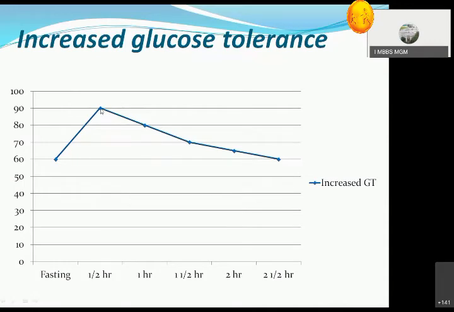Then at half hour there is a peak up to 150, that is below 180. It is also below 180, but it is at 90 only. And after that the levels are decreasing, so it shows a little bit flatter type of curve.